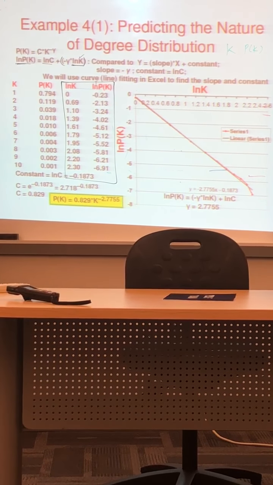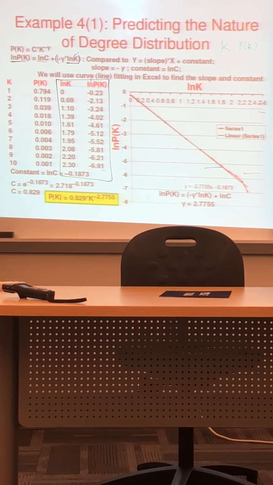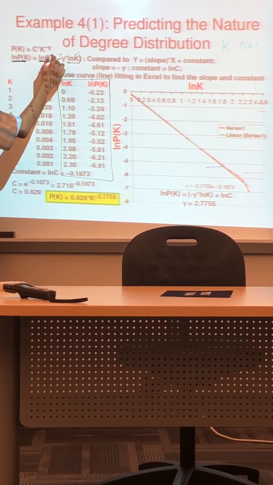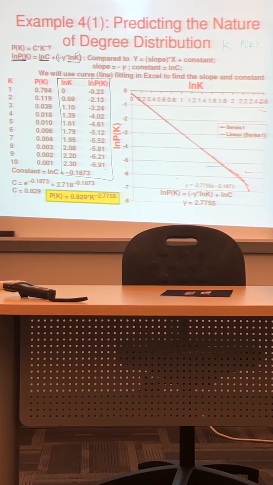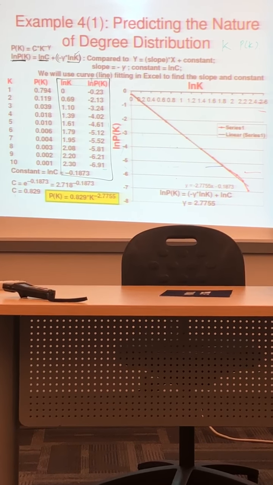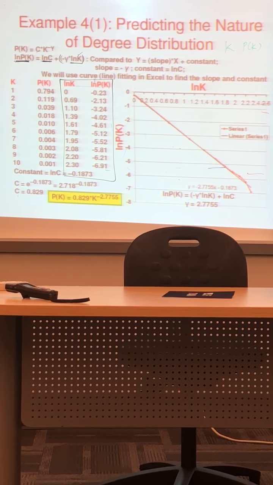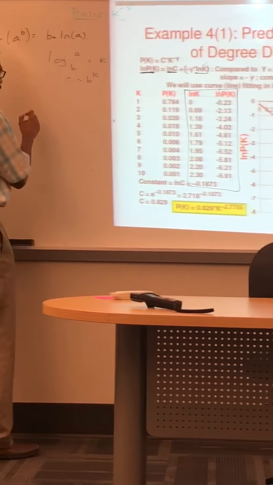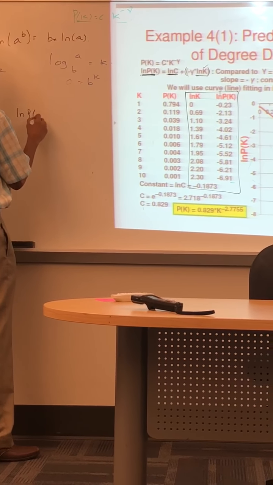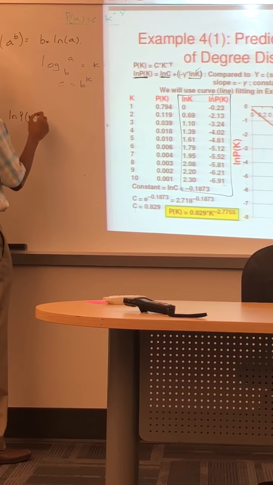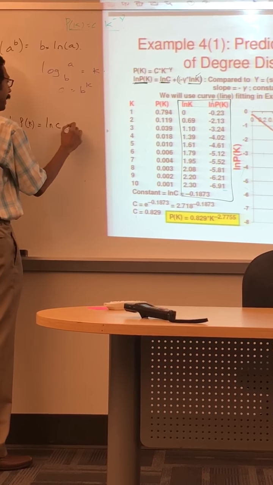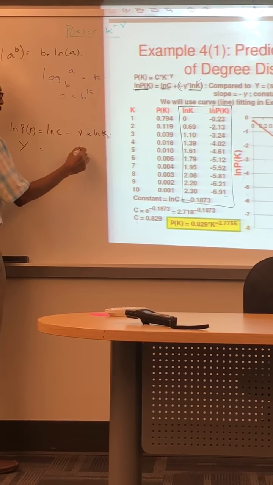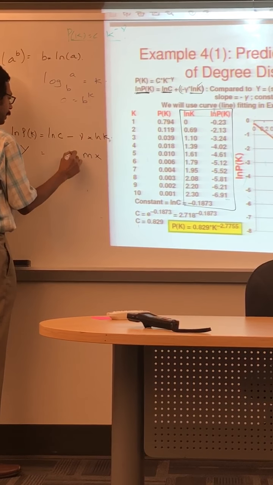You have to decide which is X and which is Y. Log P of K equals log C minus gamma times log K, so this is like Y equals mX plus b.